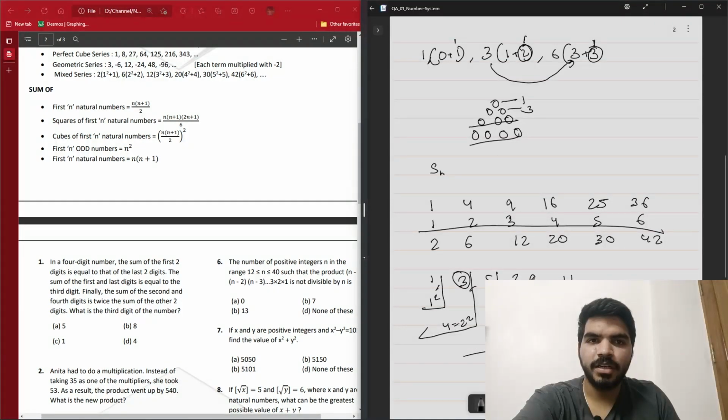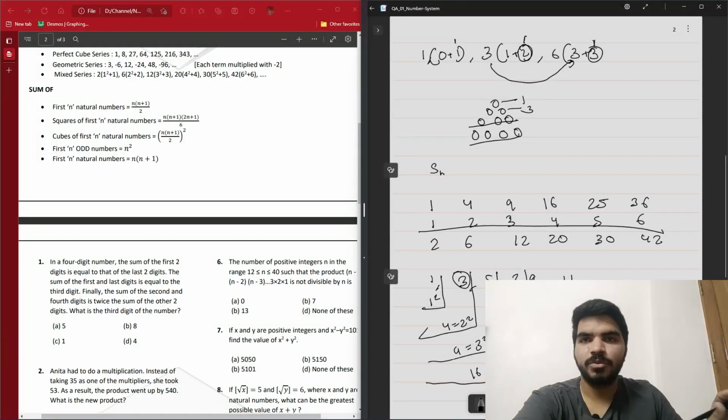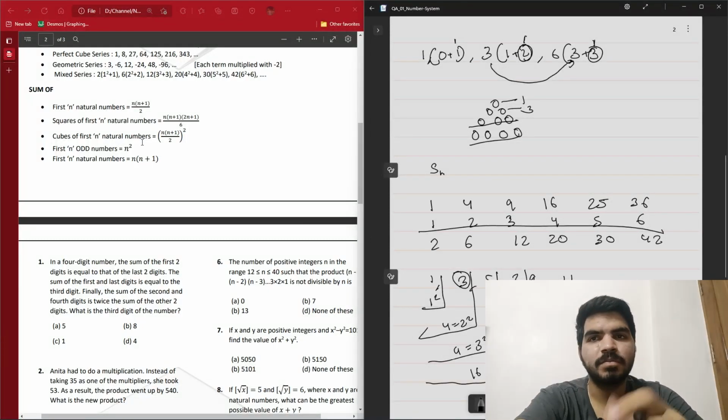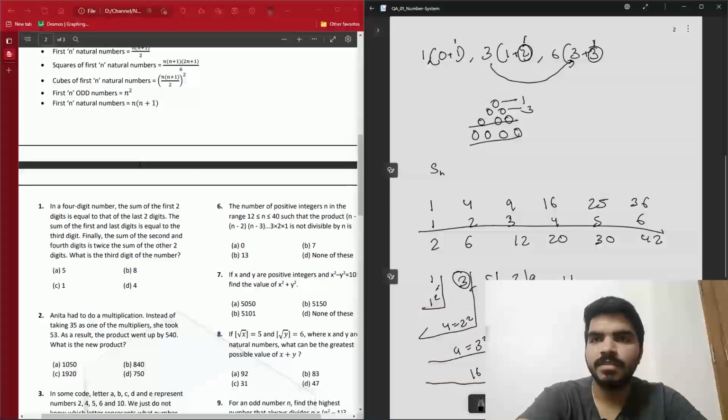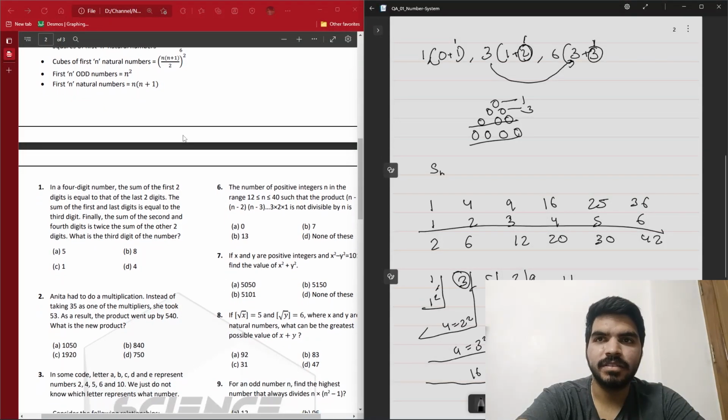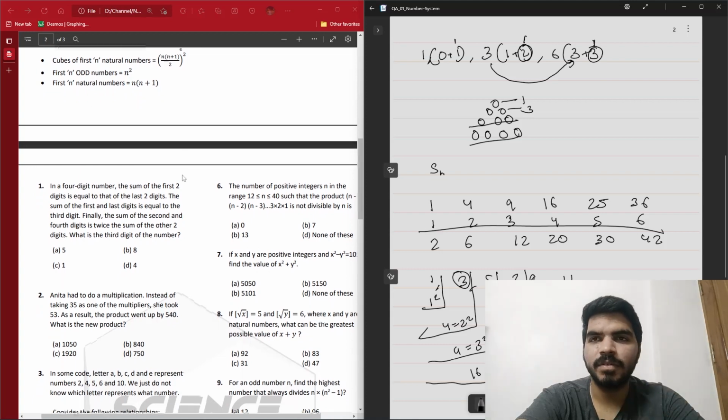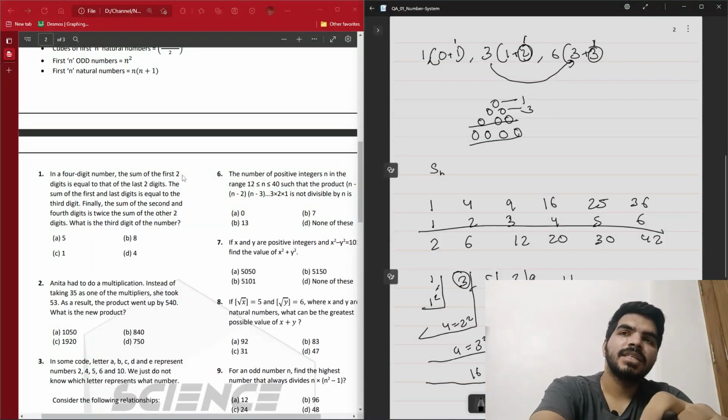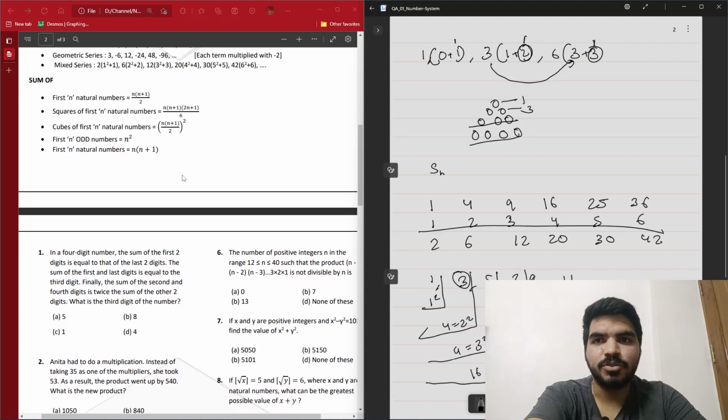Up to here it will be 9, which is 3 square, and this is 16, that equals 4 square, and it will work up to that. So the sum of the first n odd numbers is n square. The sum of the first n natural numbers, try it yourself. This will be a bit fun. One of the above formulas can be used to derive that.